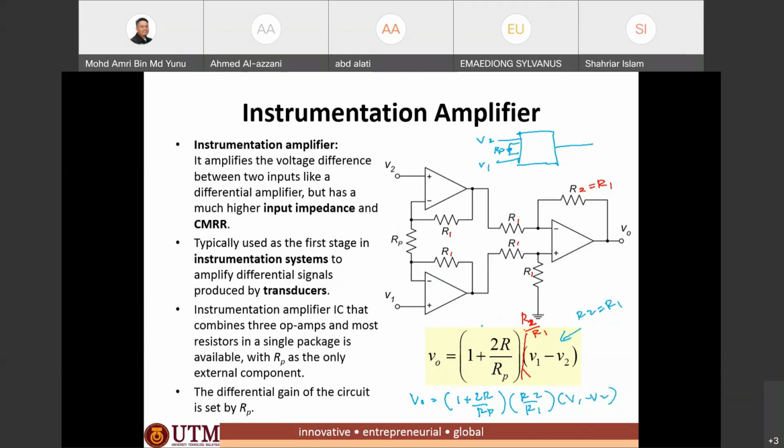It is a dedicated amplifier for instrumentation, especially for a device like a thermocouple, where you can easily adjust the gain.